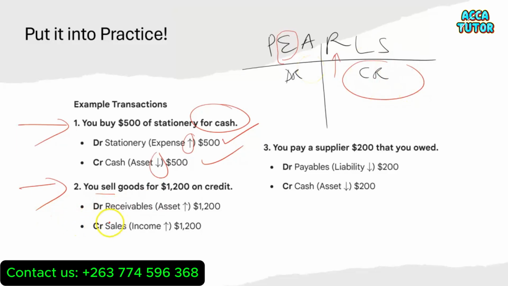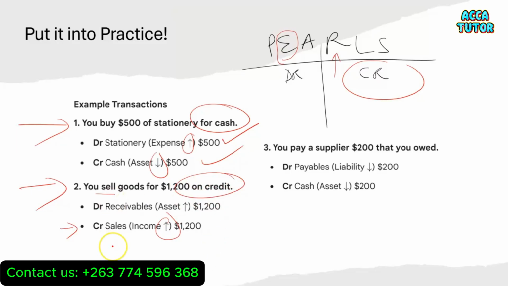So this is why you see an entry here. Credit sales, that is income is increasing by how much? 1,200. But this was income increasing on credit, not by cash. There's no cash that has taken place. Why? Because we have been told that they were sales on credit.